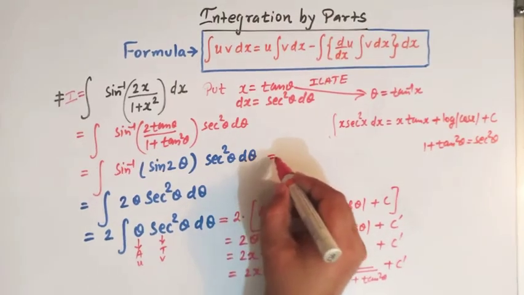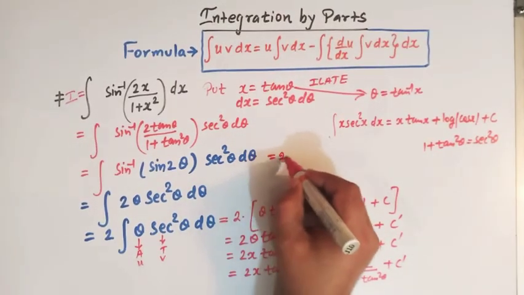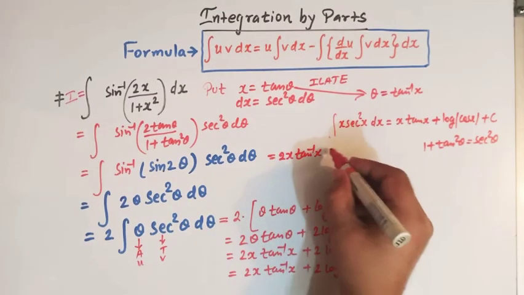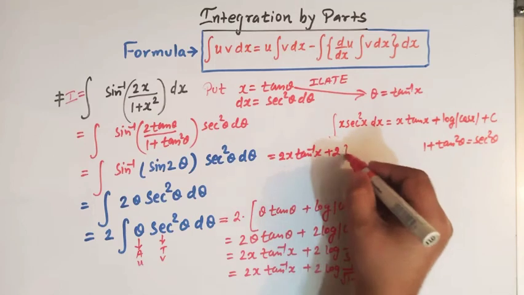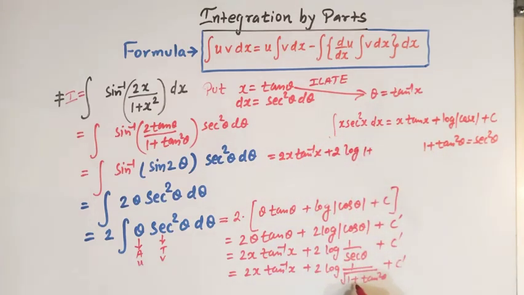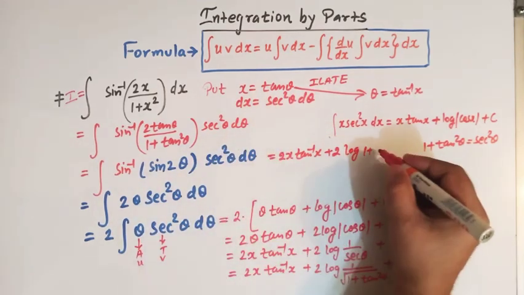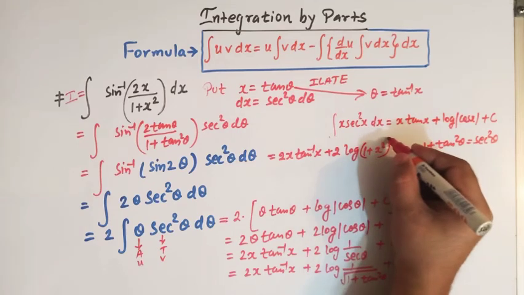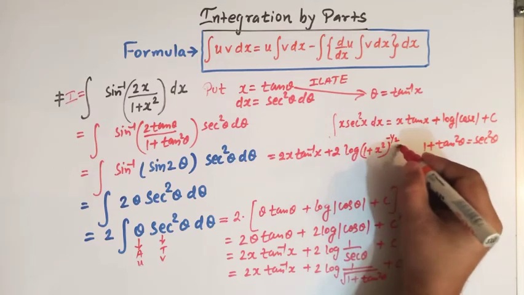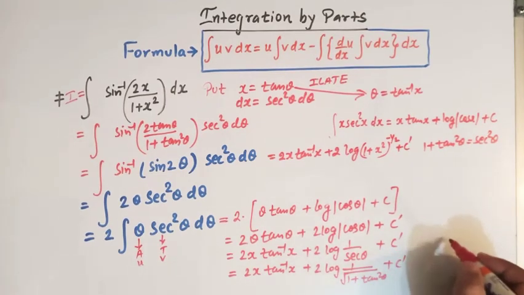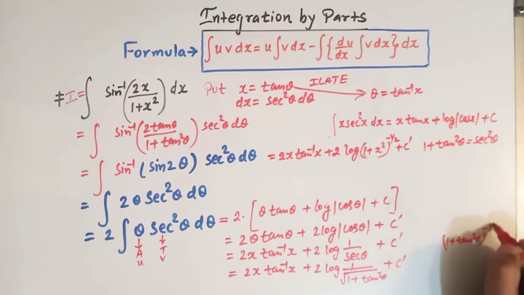Now this can be written as 2x tan inverse x plus 2 times log of (1 plus tan square theta, that is 1 plus x square) raised to minus half, plus c prime, because this can be written as 1 plus tan square theta raised to minus half.